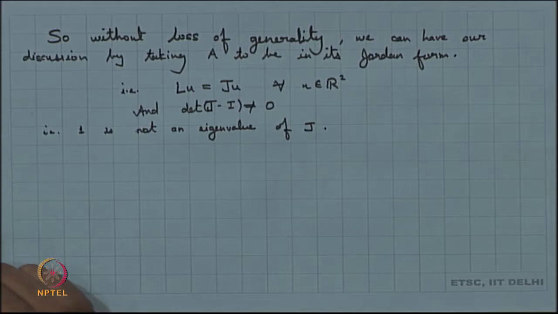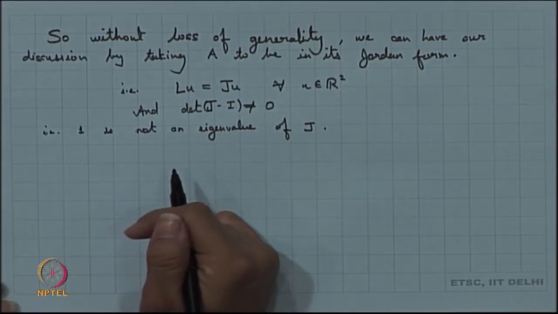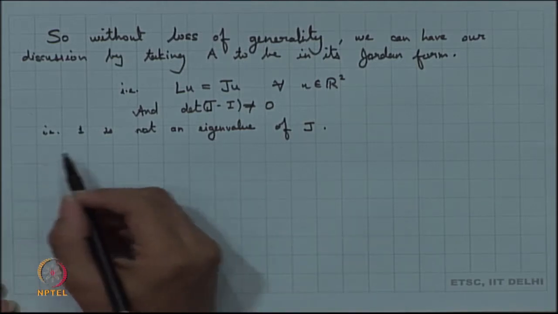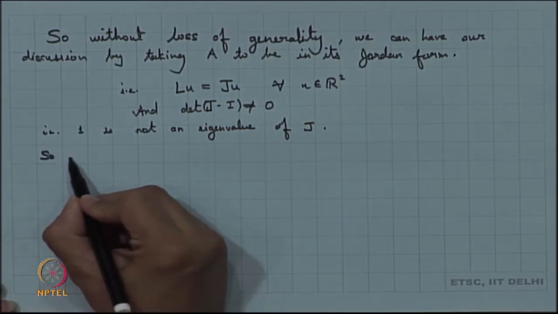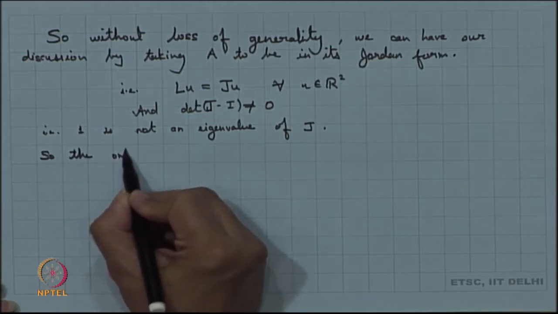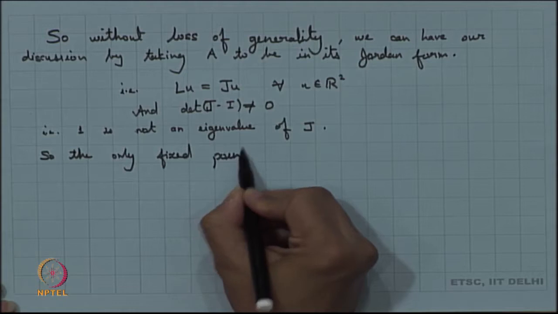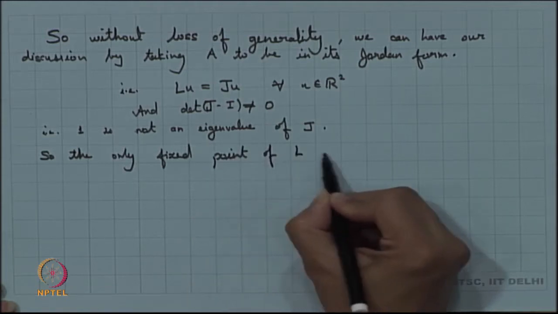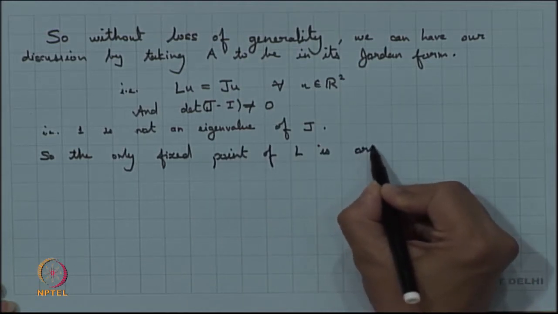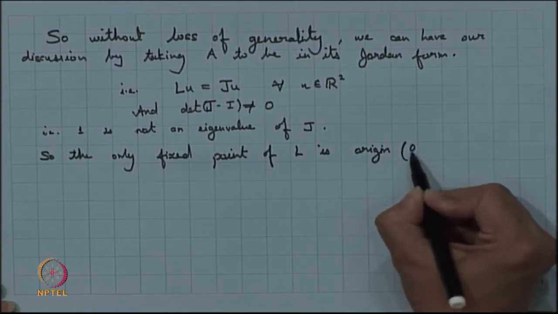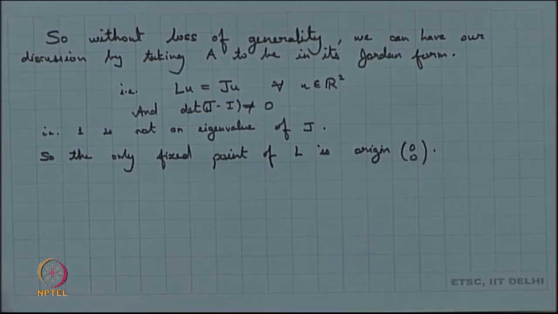So, 1 is not an eigenvalue, and since this happens, we know that origin is the only fixed point of L, and we know origin means our vector 0 0.